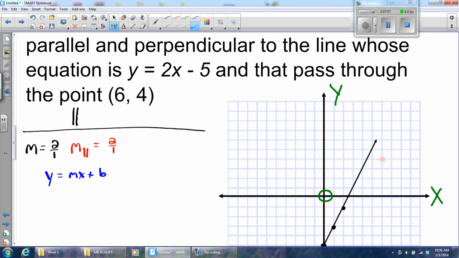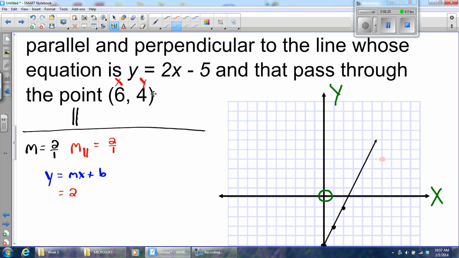Now, I'm going to go back to the y equals mx plus b equation. I need to write a new equation of a line parallel to this black line. Well, I know the slope of that equation is 2. If I only knew a y and an x, I could fill them in and then solve for b. This should look really familiar. We did some of this way back, I don't know, late November. So this is x and this is y.